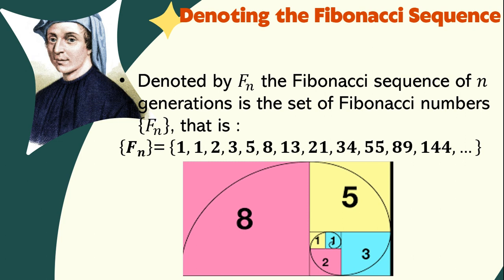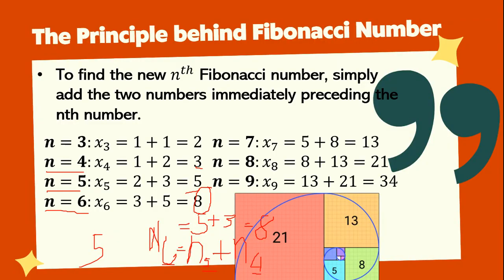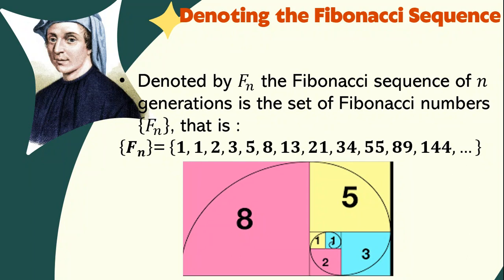So kindly take note that this is the same as x sub n. Parehas ni sa x sub n nga atong gi-solve diri, pero lahi lang ang name. Diri kay f sub n to denote the Fibonacci sequence.